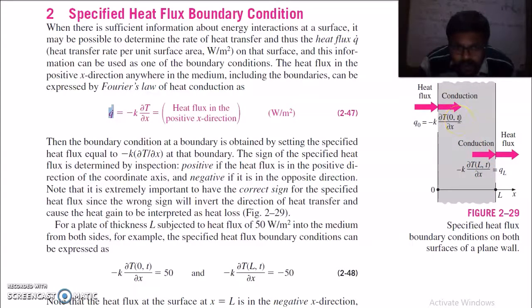Suppose a plate of thickness L is subjected to a heat flux of 50 watt per meter square into the medium from both sides, from this side as well as this side. The specified heat flux boundary conditions can in this case be: minus k del T(0, t) by del x is equal to, say, 50 watt per meter square, and at this place it is also 50 watt per meter square.